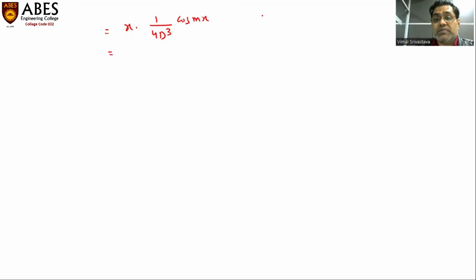First is, just as we have discussed, 1 upon D represents the integral with respect to x, this is D cube. So that means we have to integrate cos mx three times with respect to x.